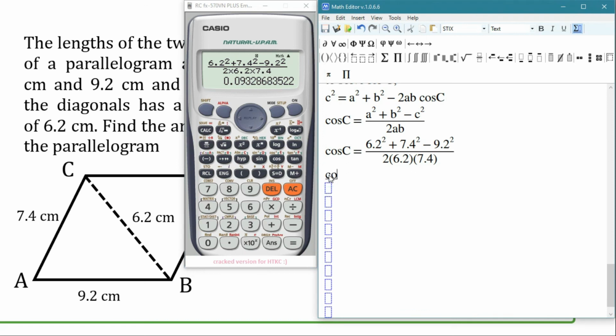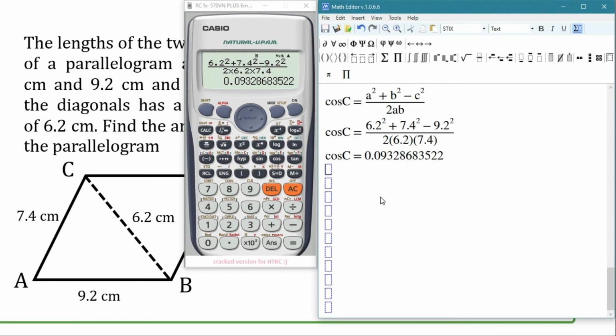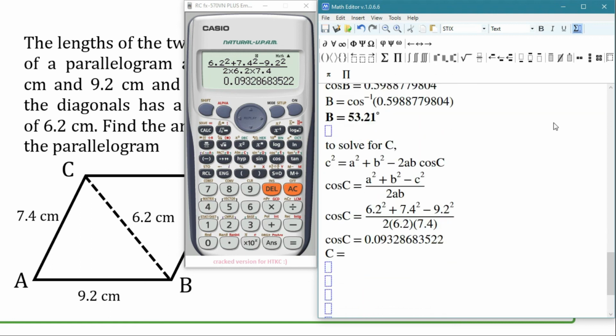So, we have here the cosine of C. The cosine of C is equal to 0.09328683522. Alright, and then getting the inverse trig, we have C equals cosine raised to negative 1 of the value we have obtained a while ago.